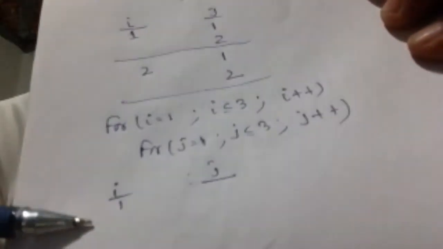Now I will show you how it will repeat. So I equal to 1. They will repeat 3 times. Then J's turn is over, maximum 3.